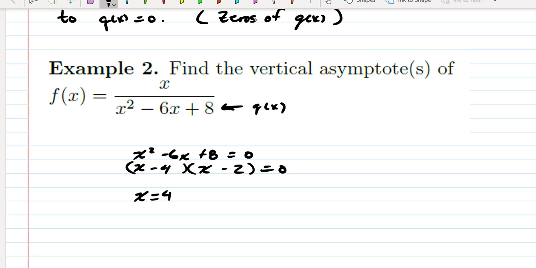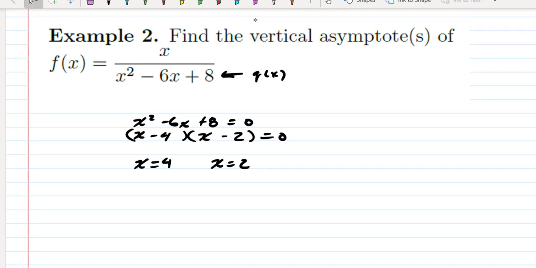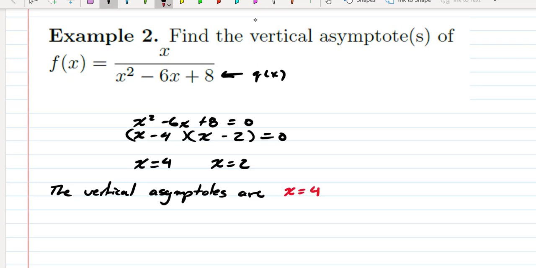So our solutions are still x equals 4 and x equals 2. So then we would conclude the vertical asymptotes are x equals 4 and x equals 2. So those were the same two zeros of q of x.